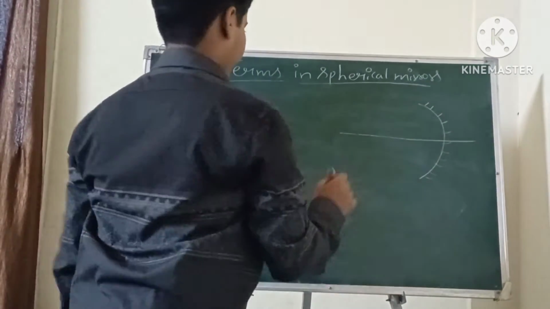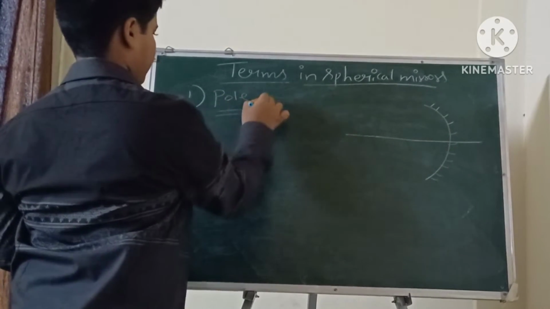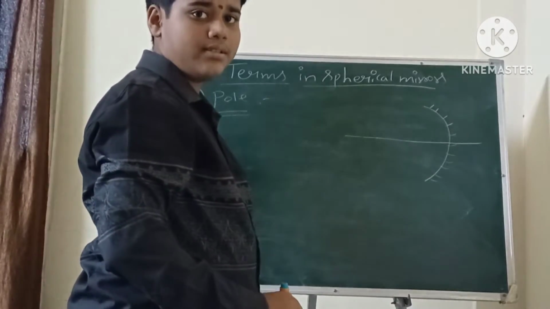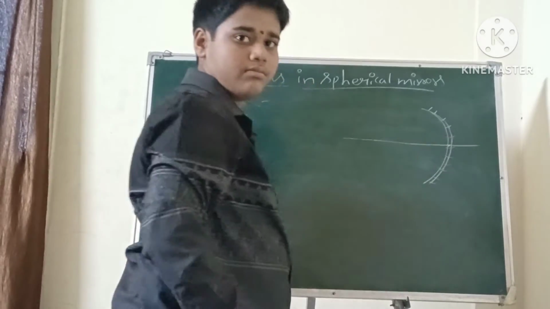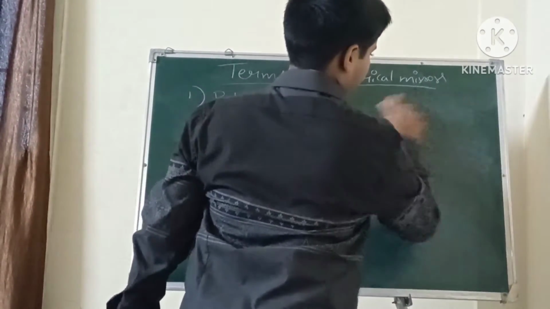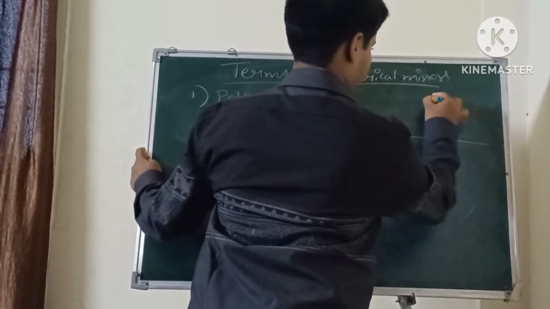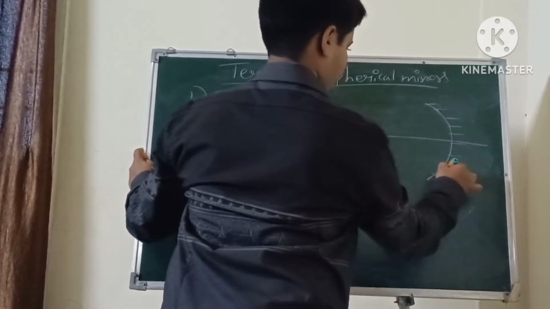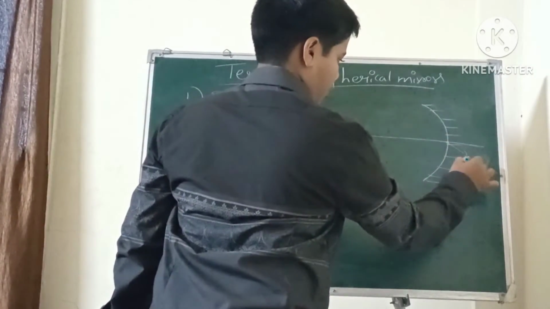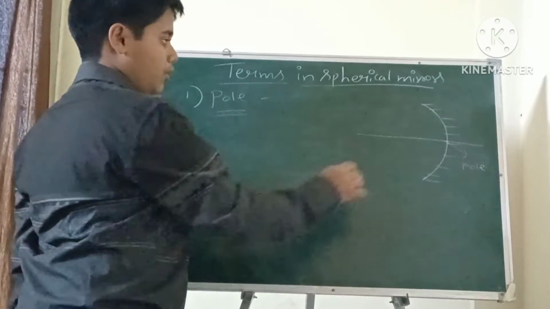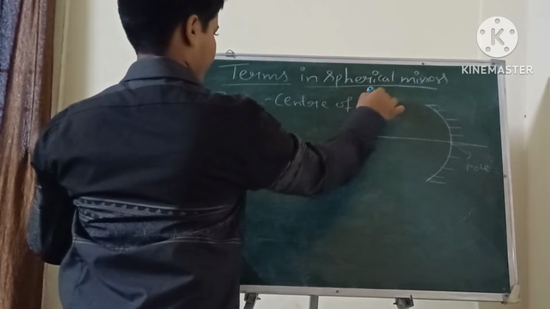The first one is pole. Pole means the middle part of this mirror. This is the pole. So pole is the center of the mirror.